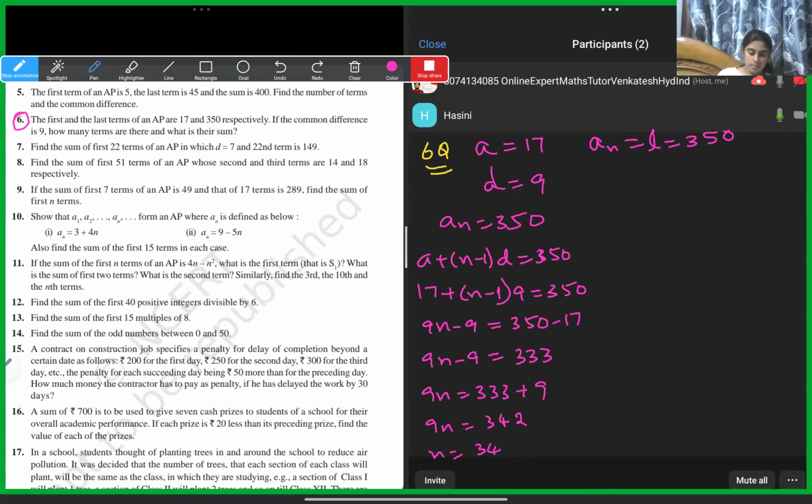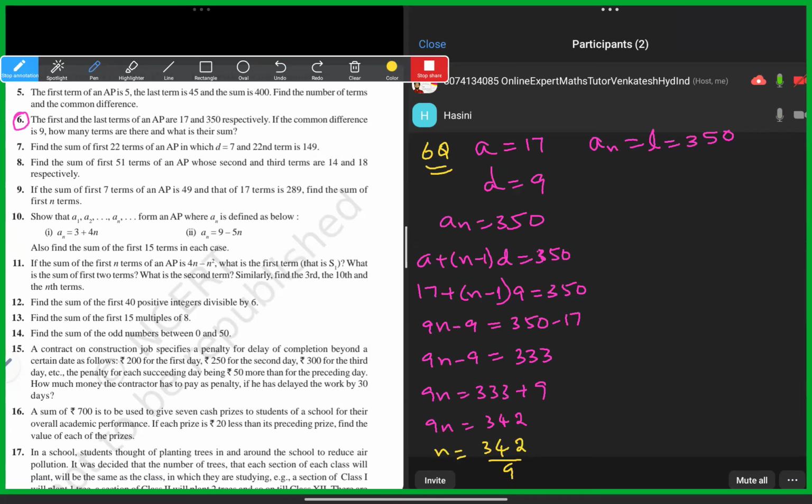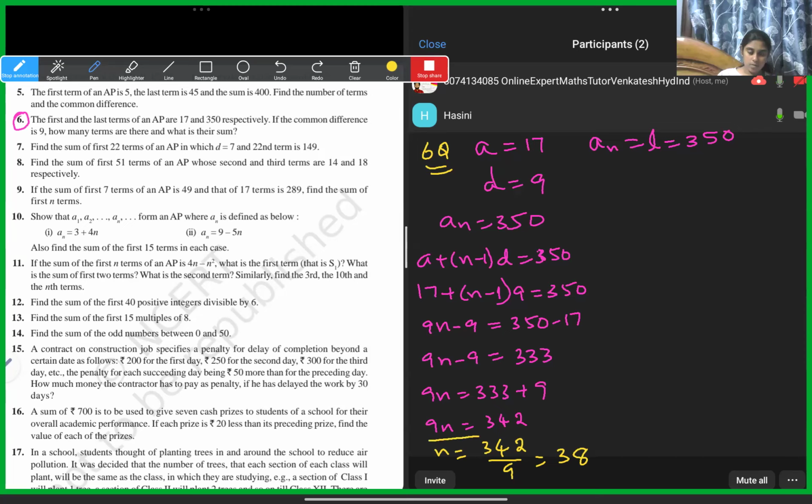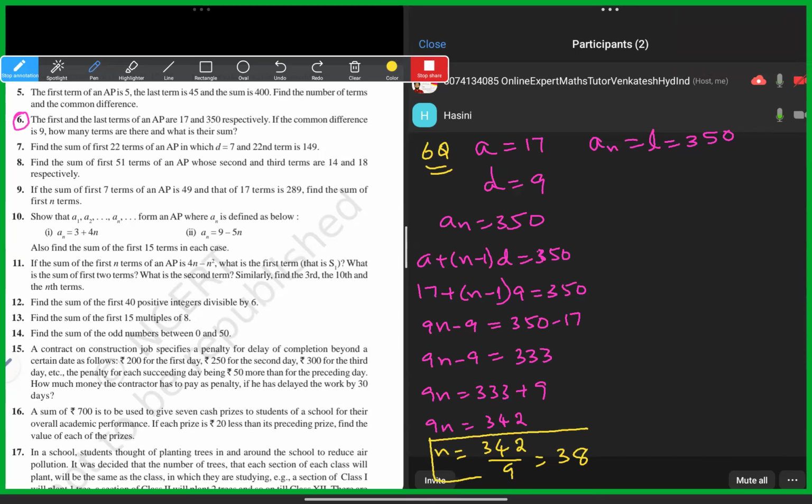Any doubt, Hasni? No, sir. 342 by 9, which is 9 3s are 27, 7 will be there, 72 means 9 8s are 72. So n is 38, Hasni. Could you hear me?